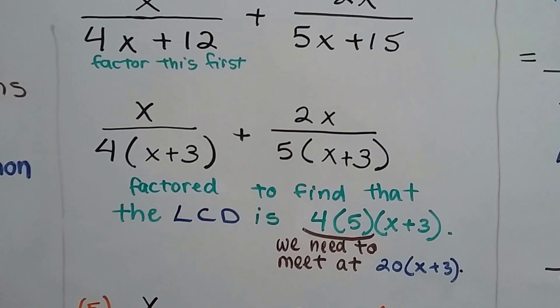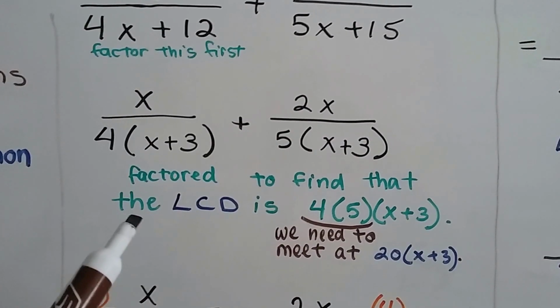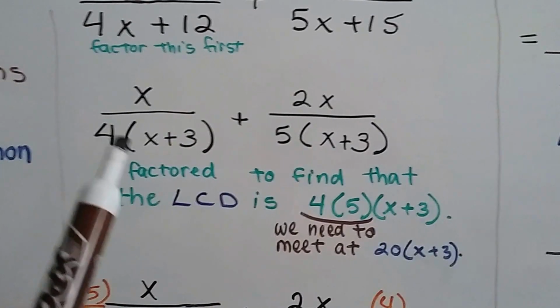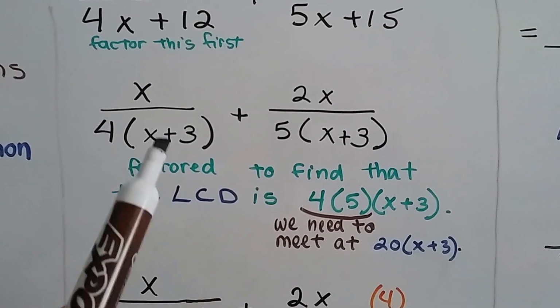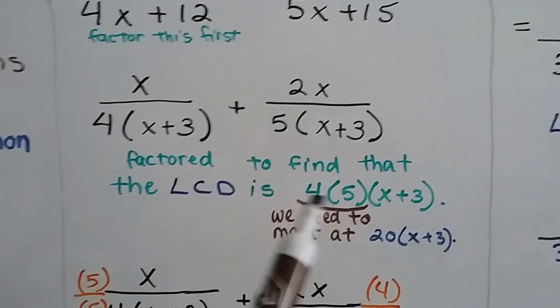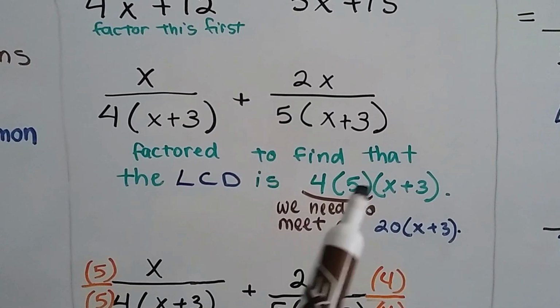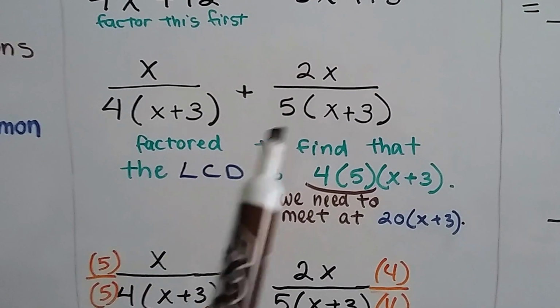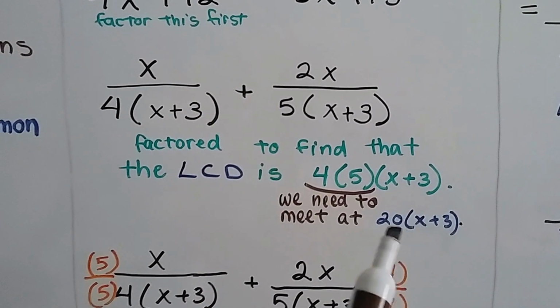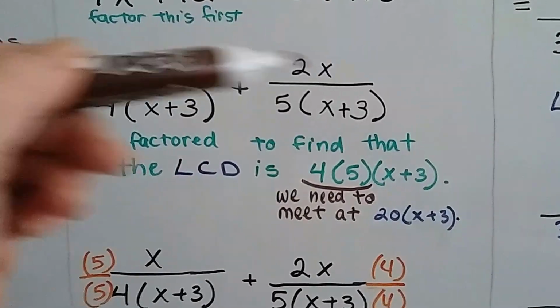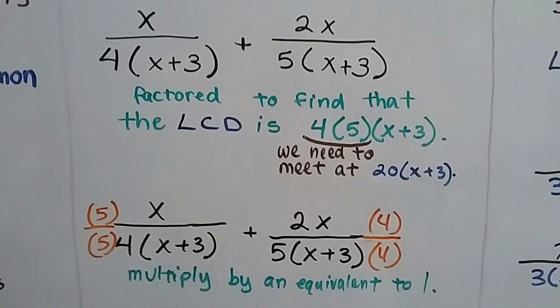So now they're factored, and we can find that the least common denominator for these is going to be 4 times 5 times x plus 3. See? So we need to meet at 20 times x plus 3 because of that 4 and that 5. Here's the 4 and here's the 5. So we need to meet at 20 times x plus 3 in order to add these two rational expressions.